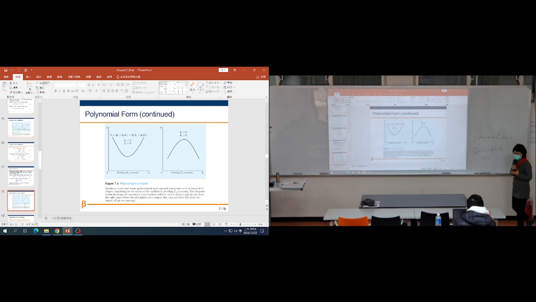Any questions about this? I think we'll spend some time talking about the alternative functional forms. Then we do have some exercise for our last assignment, lab number 4, which is in chapter 7.